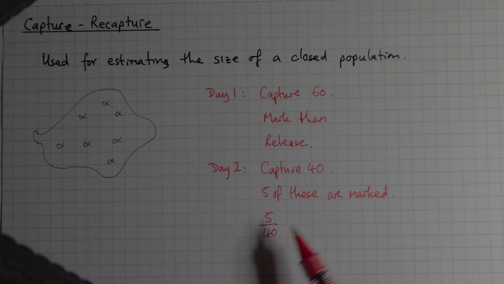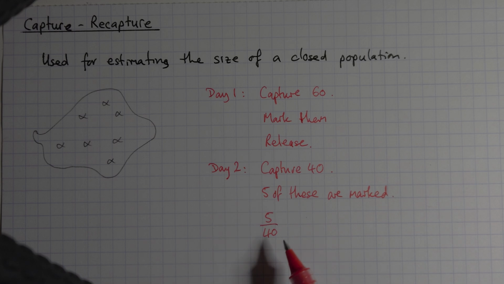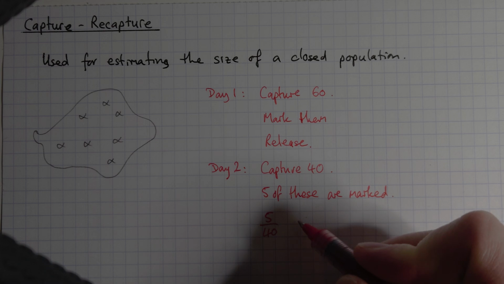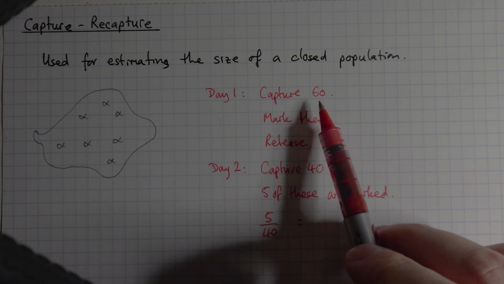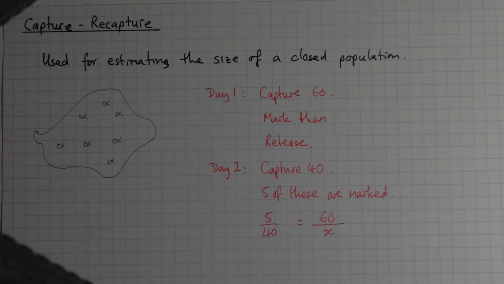And the assumption is that when I release them, they all mixed up randomly again. And so my assumption is that this proportion of fish in my second sample that are marked is the same as the proportion of fish in the first sample. And my first sample was 60 out of the mystery population.